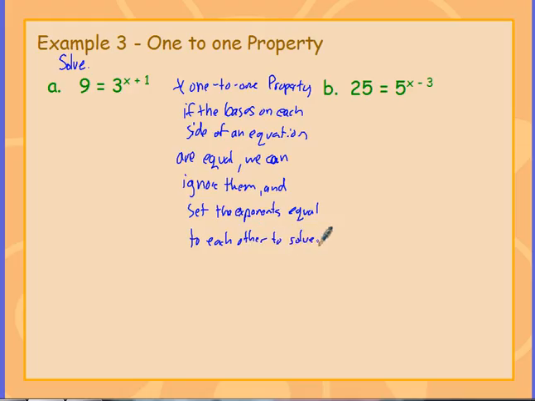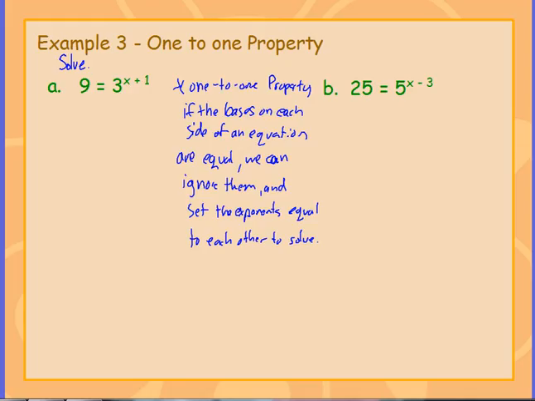Okay? So it says if the bases on each side of an equation are equal, then we can ignore them and set the exponents equal to each other in order for me to solve. Okay? I'm going to give you a couple seconds to copy that.